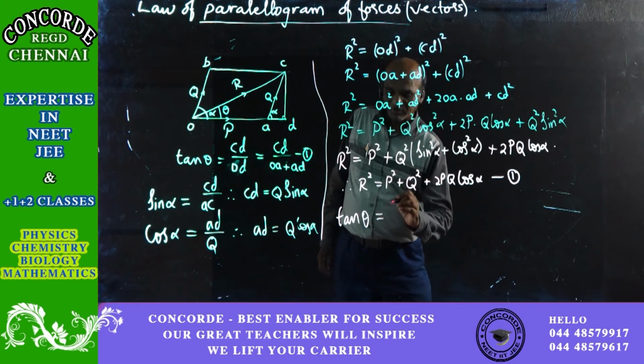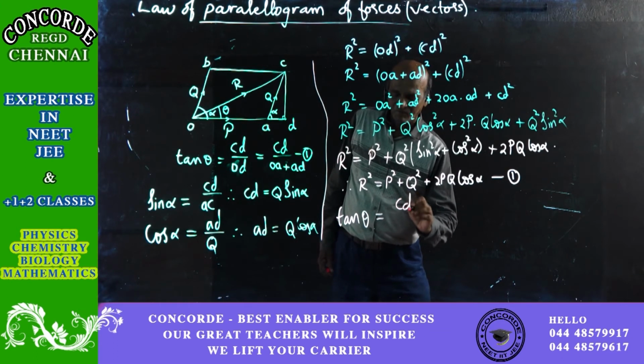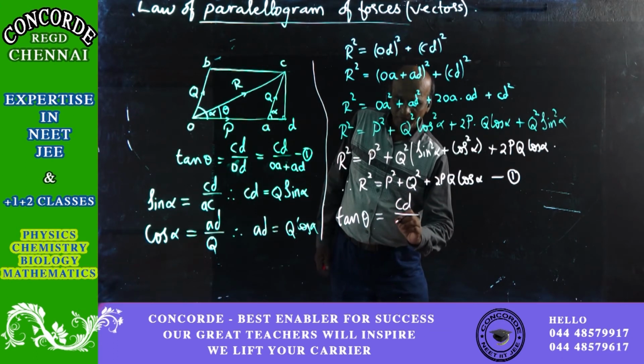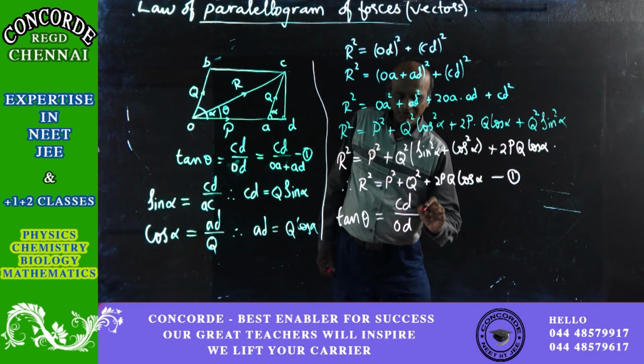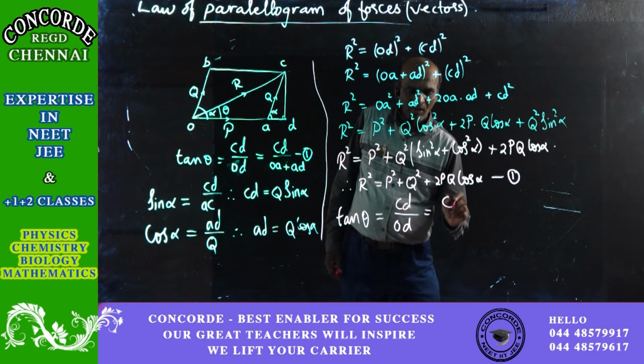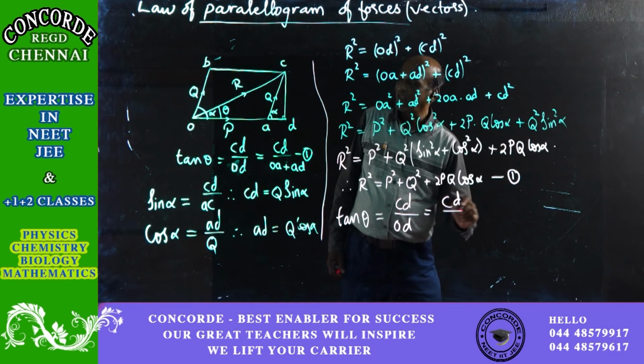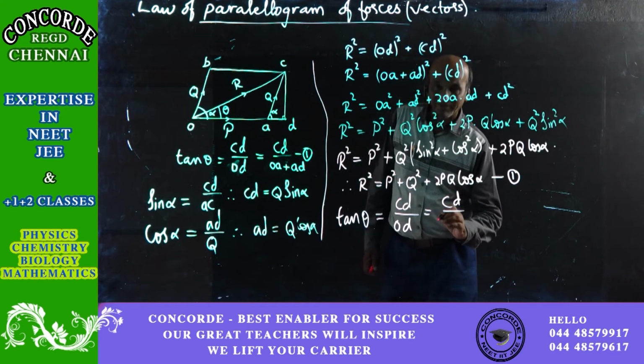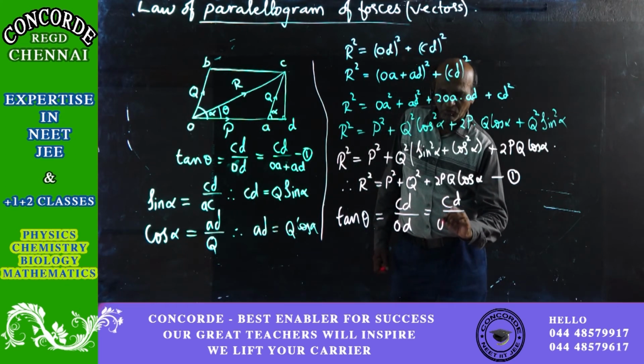So it will give us tan theta to be equal to CD divided by the base OD, and we already know that OD is equal to OA plus AD. So OA plus AD.